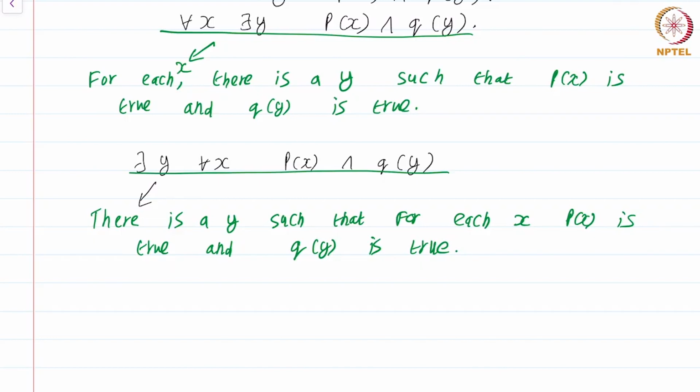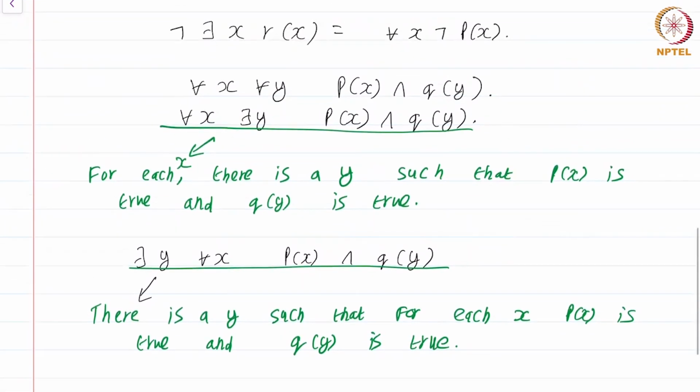For the time being, I will just illustrate how you can negate such statements. Suppose you want to negate this statement. That means you want to assert that the statement for all x, there is y, p of x and q of y, is false.